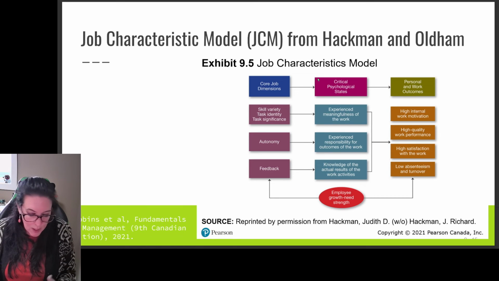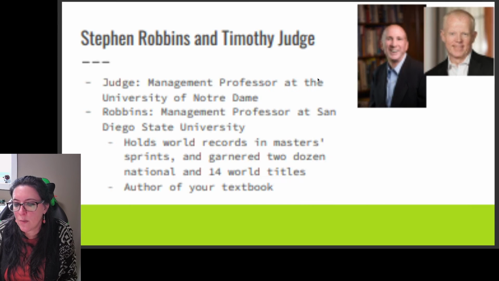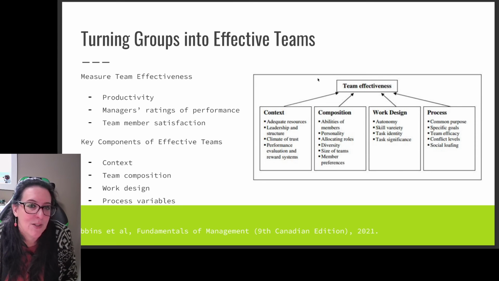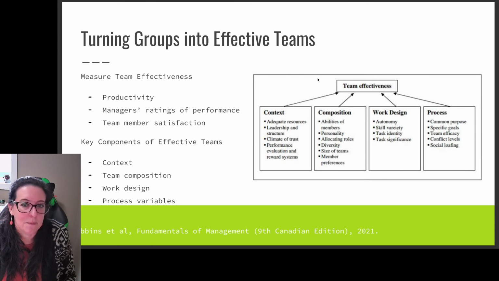So what you're seeing as we look at effective teams is pulling on the theories in terms of motivation and job design into effective team design.